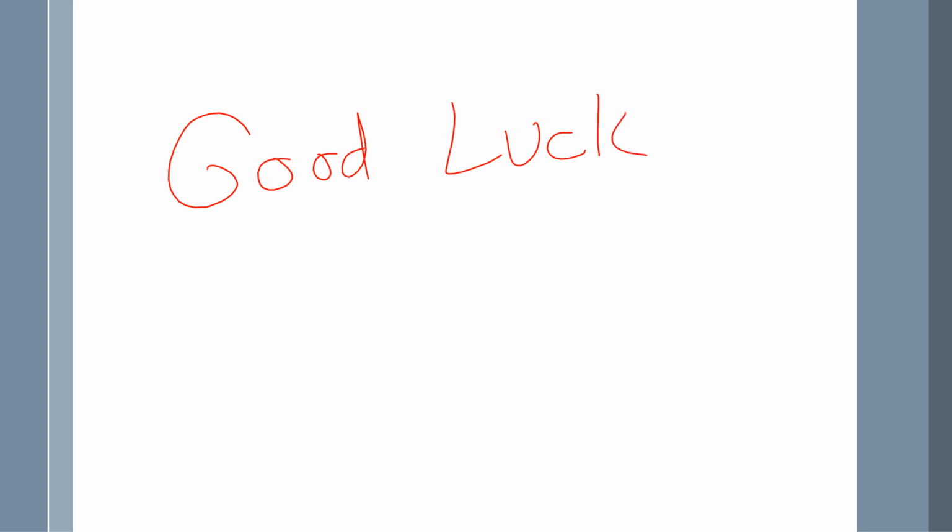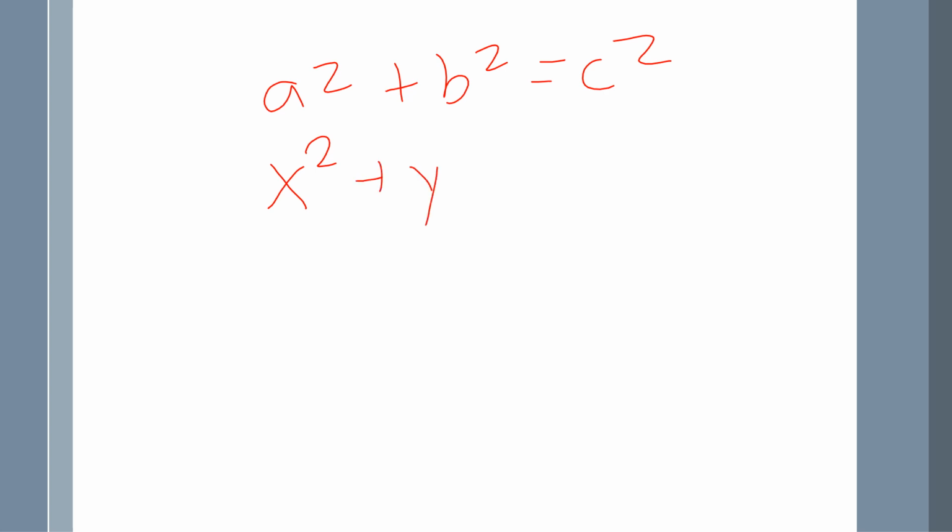Oh, one more thing before I let you go. The Pythagorean theorem. So guys, remember a squared plus b squared equals c squared, right? But when it comes to your unit circle, it's going to be x squared plus y squared equals 1. Remember that.